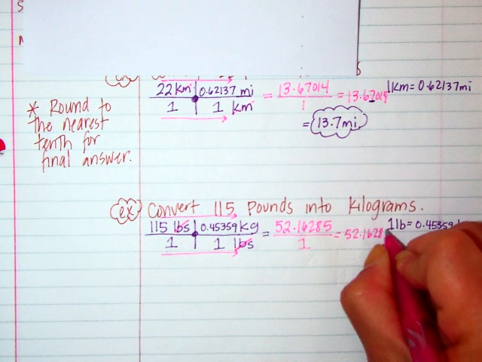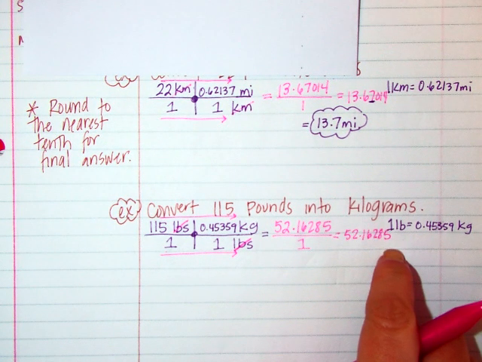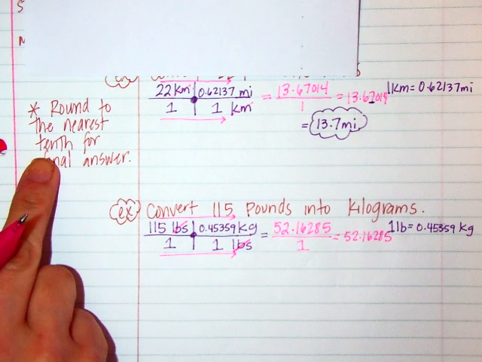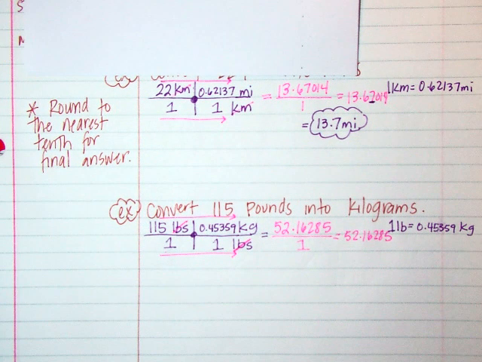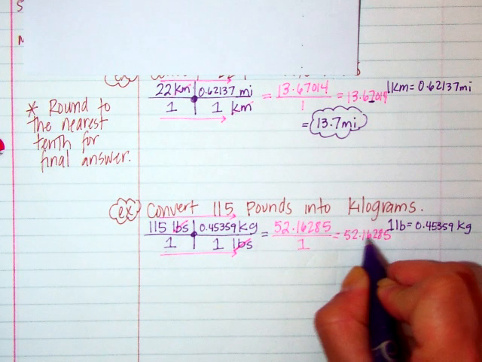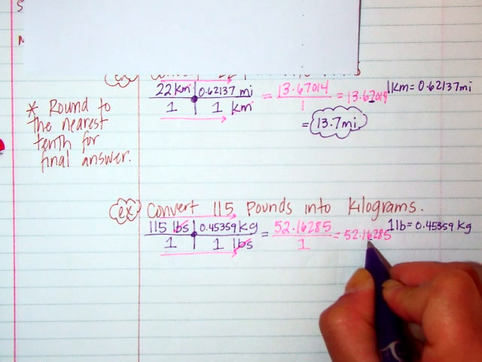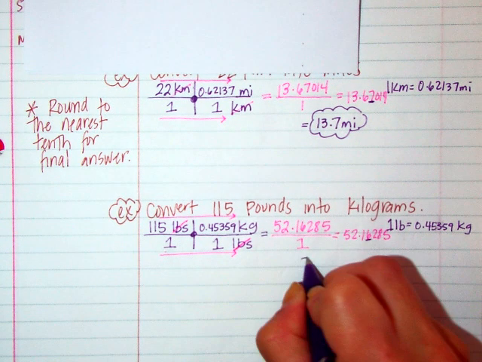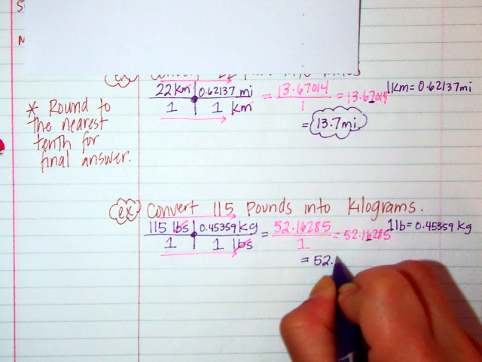But again, too many numbers. We want to simplify our response by rounding to the nearest tenth. So again, one number after the decimal is tenths place. I'm looking at its neighbor. It looks like it's a 6. That means we're going to bump this guy up. So my final answer here is 52.2 kilograms.